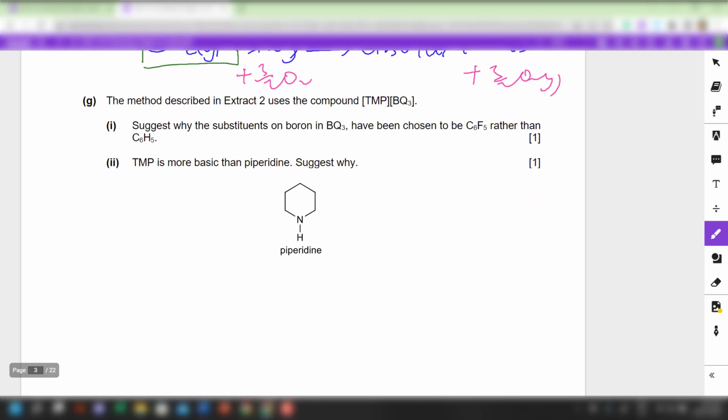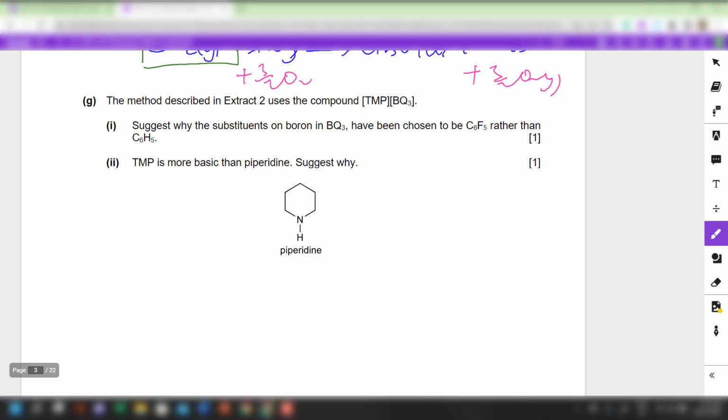Okay, so for part G, the method described in abstract 2 uses this particular compound, TMP-BQ3. Suggest why the substituents on boron in BQ3 have been chosen to be C6F5 rather than C6H5. So how do we understand this?